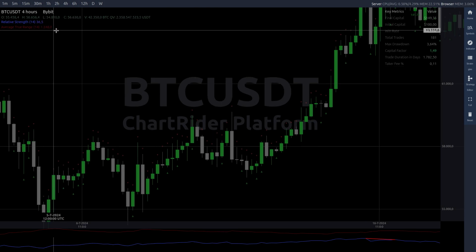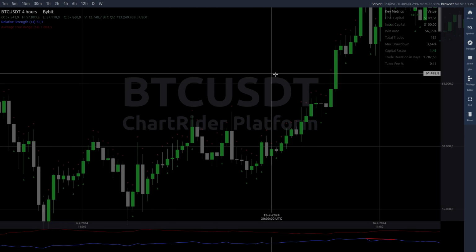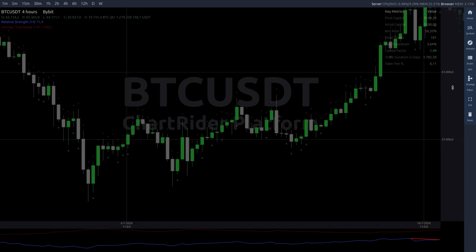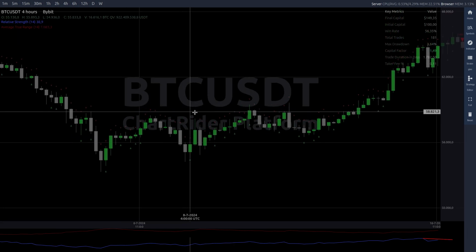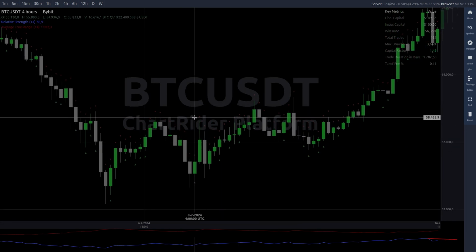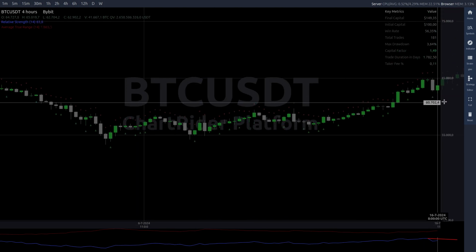This is the price value the ATR is generating, and it describes the volatility of the token, of the asset, in a defined time range.